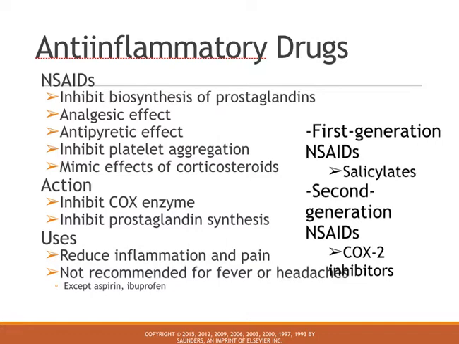Aspirin is technically an anti-inflammatory as well as a low-level anticoagulant. And because the aspirin is an anticoagulant, we want to be careful with it because it increases the risk of bleeding, especially if the patient is already taking another anticoagulant.